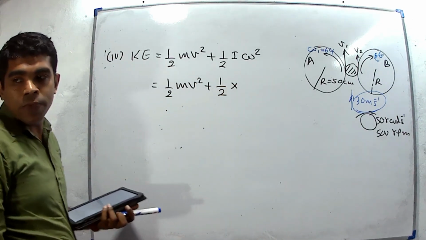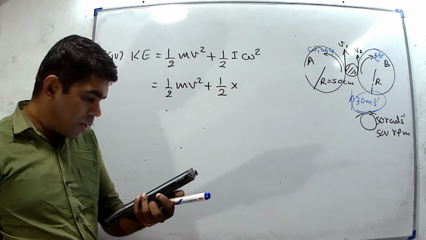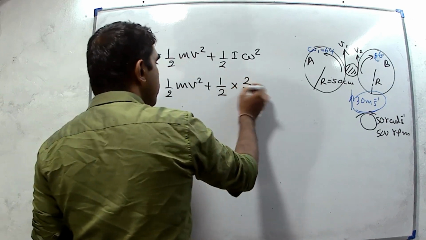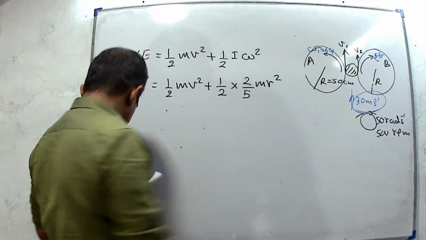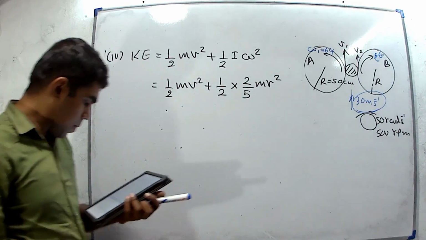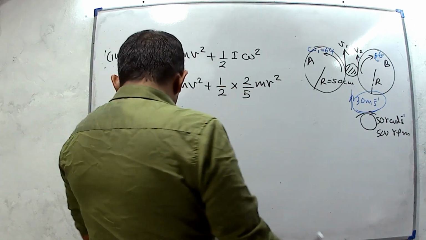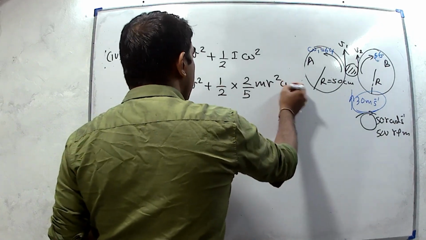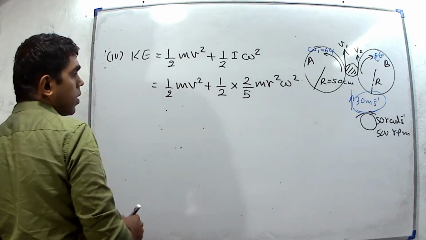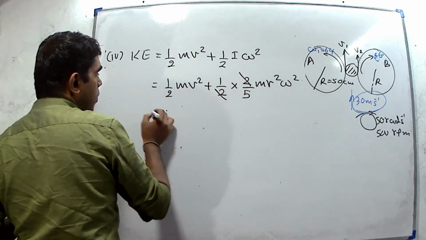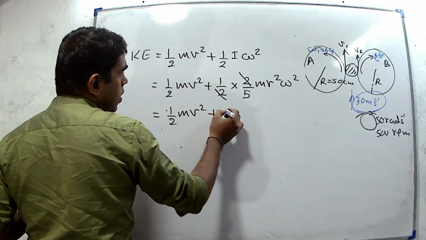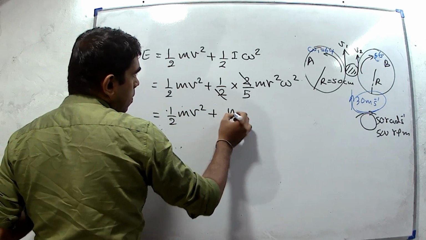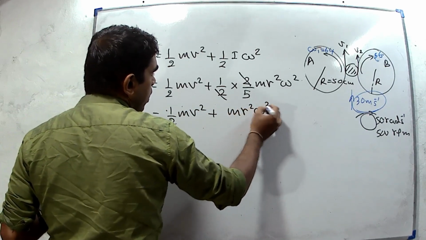Moment of inertia of the sphere is given as 2/5 mr squared, times omega squared. We can cancel out the 1 and 2 terms. Half mv squared plus mr squared omega squared divided by 5.